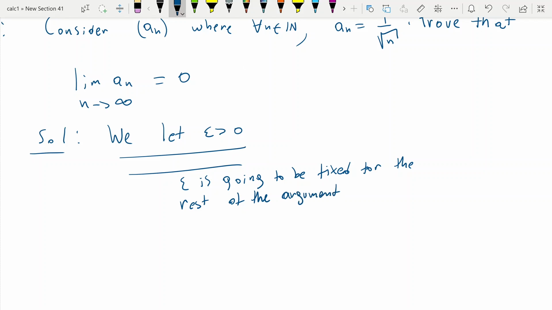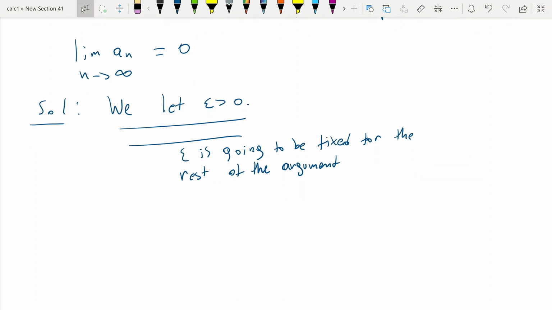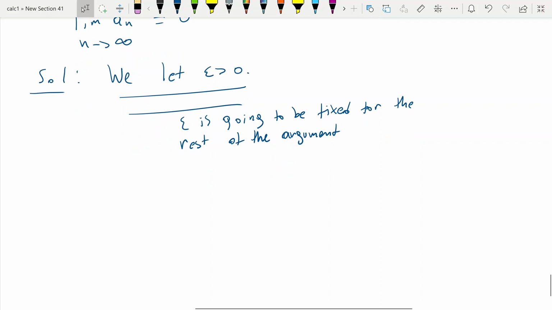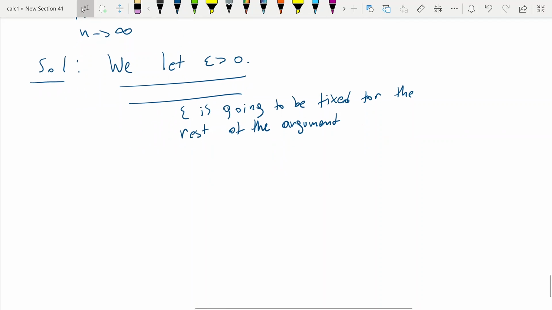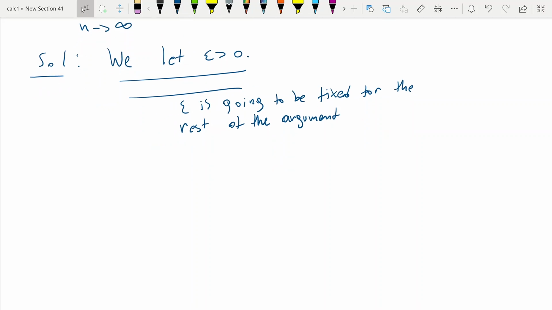You have to pick an arbitrary epsilon. You don't have a choice for epsilon at the beginning, but once you say, I'm going to take this epsilon, just give me any epsilon, this epsilon is going to stay like that for the rest of the argument. Now you can go back and say, of course, since epsilon is arbitrary, I've shown the proposition.